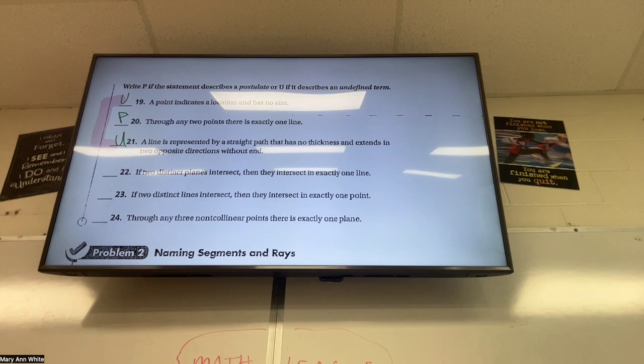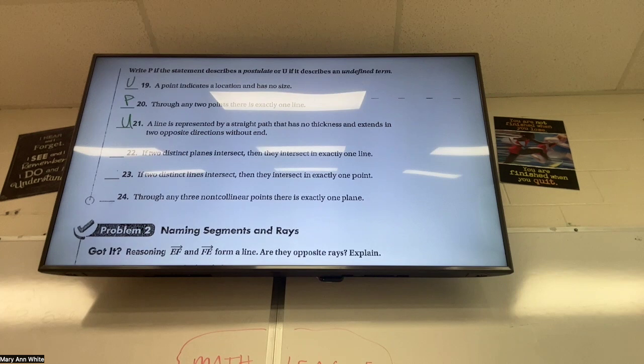If you're like, Miss White, those are not helpful to me, ignore them. Keep it moving. I don't mind at all. But if you're like, this helps me understand what a point or a line is, use it. I think most of us know what points and lines are, but that's why they're undefined. It's hard to explain. So I'm never going to ask you those definitions, but if those are helpful for you, let's use them, right?